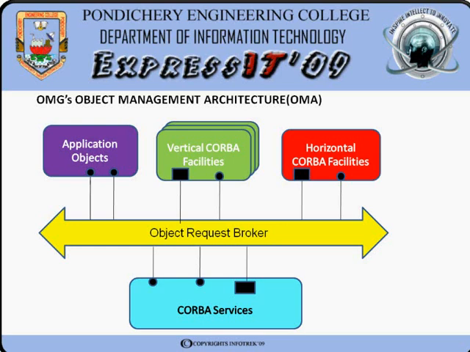Next comes the CORBA services. OMA defines a number of services useful for the application in general. These services range from indispensable naming services to higher level services such as transaction services. For example, some of the services are here. Lifecycle services. It offers facilities for creating, deleting, copying, moving CORBA objects.